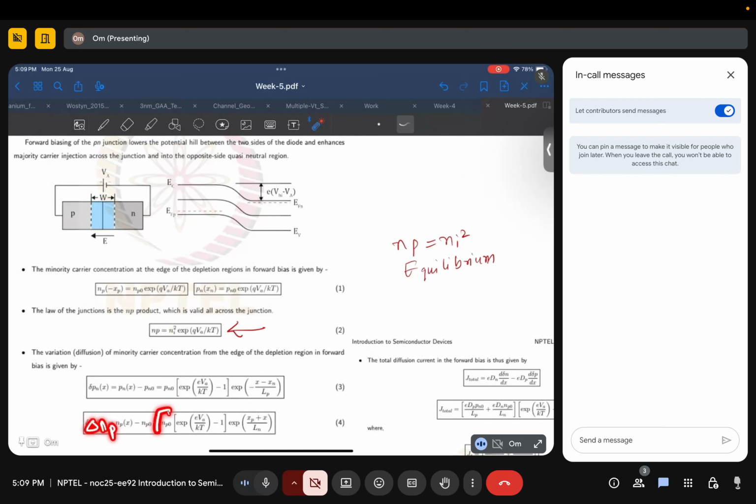This is the first term, same as this one, times exponential of (xp plus x) by Ln. Xp is your depletion width on the P side, x is your variable, and Ln is your minority carrier diffusion length.